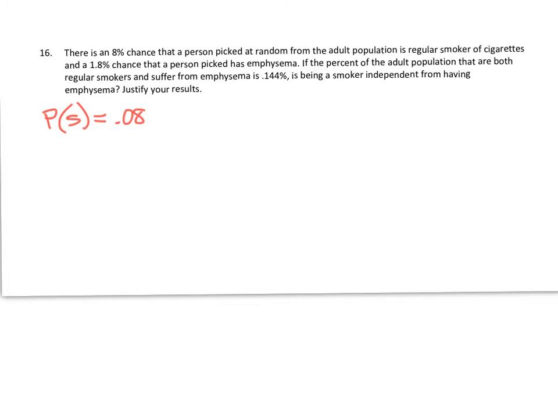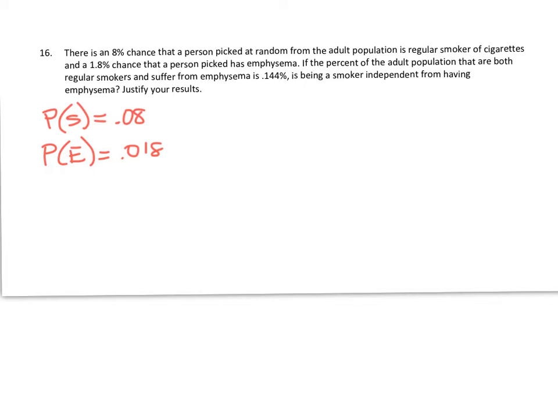Now as we keep reading, it says, and a 1.8% chance that a person picked has emphysema. So let's say the probability of emphysema, we'll use an E for emphysema, is 1.8%, so 0.018. Remember, we have to move the decimal place back 2 spaces to the left to get these numbers. It says if the percent of the adult population that are both regular smokers and suffer from emphysema is 0.144%.